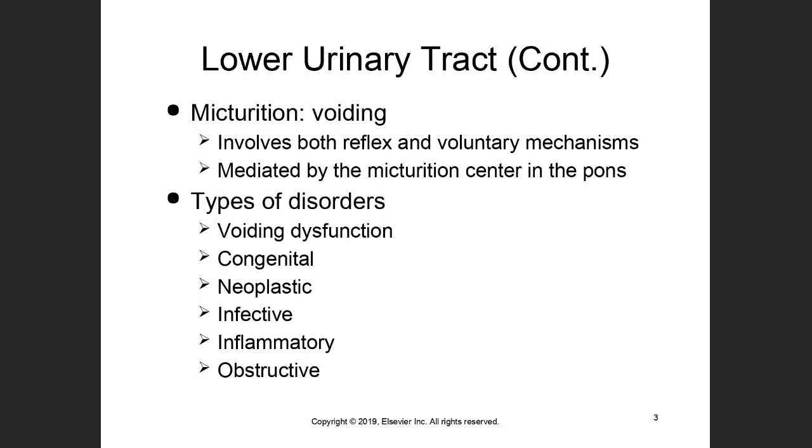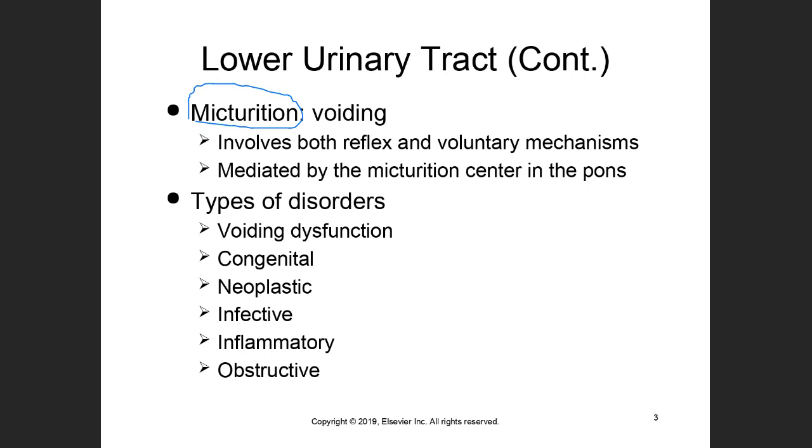Micturition is voiding, is peeing, is urination. The real medical terminology is micturition. Micturition involves both reflex and voluntary mechanisms, because in the urinary system we have voluntary and involuntary structures.